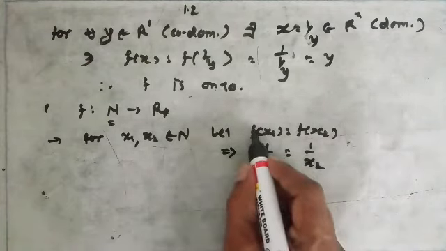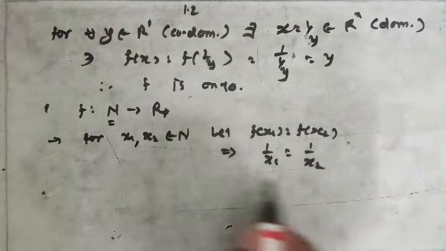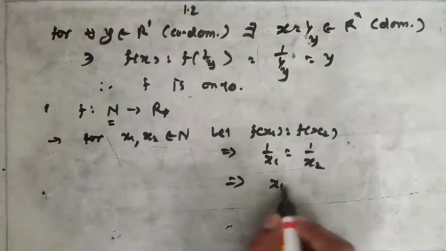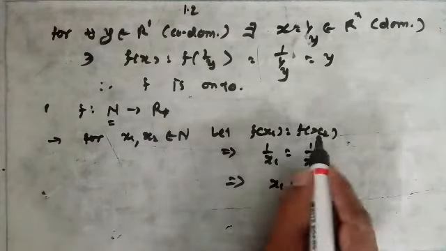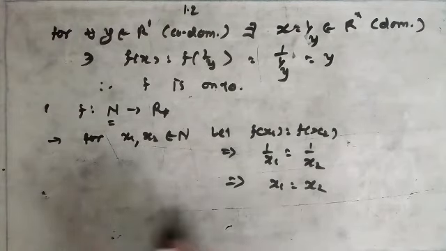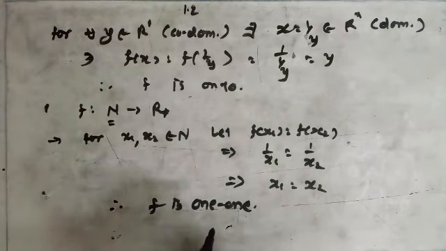The image of x1 under f is 1 upon x1, the same as the image of x2 under f, 1 upon x2. This implies x1 is equal to x2. So by definition f(x1) equal to f(x2) implies x1 equal to x2. So we say that the function f is one-one. Clear?